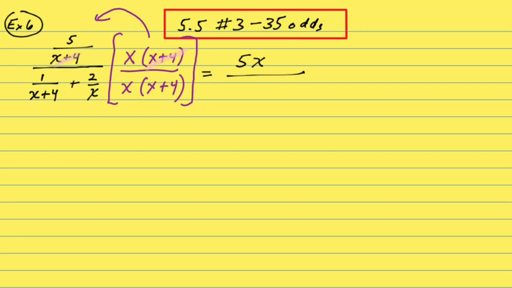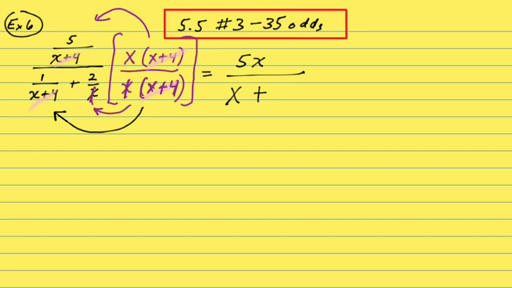When I multiply on bottom, please watch. Here what cancels? The x plus 4 with the x plus 4, and what's left? X. Now you still have this x plus 4 here. Now when I multiply here, what's going to cancel?